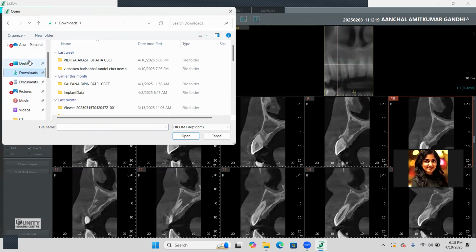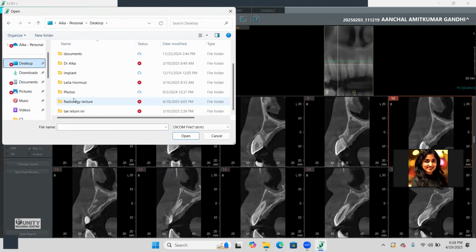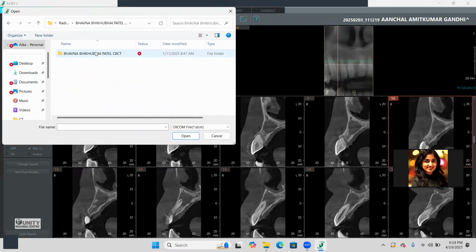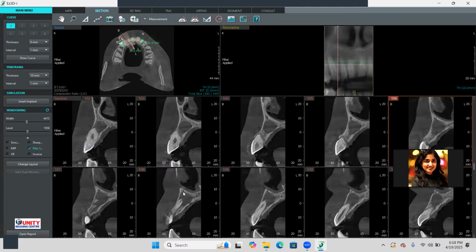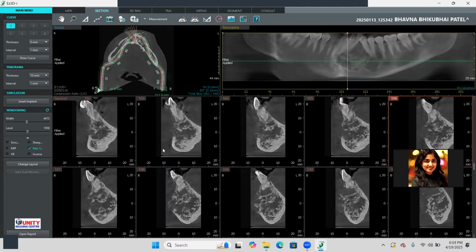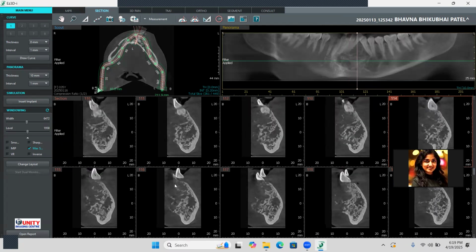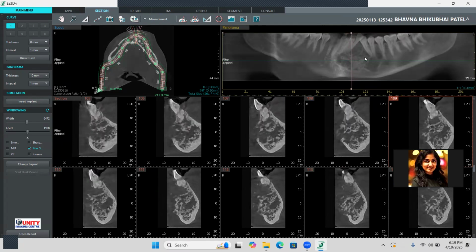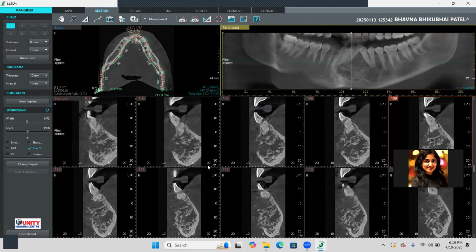We can see other cases as well. Okay, this is a mixed radiolucent radiopaque lesion, or it looks more like a multilocular radiolucent lesion in the mandibular lower anteriors.